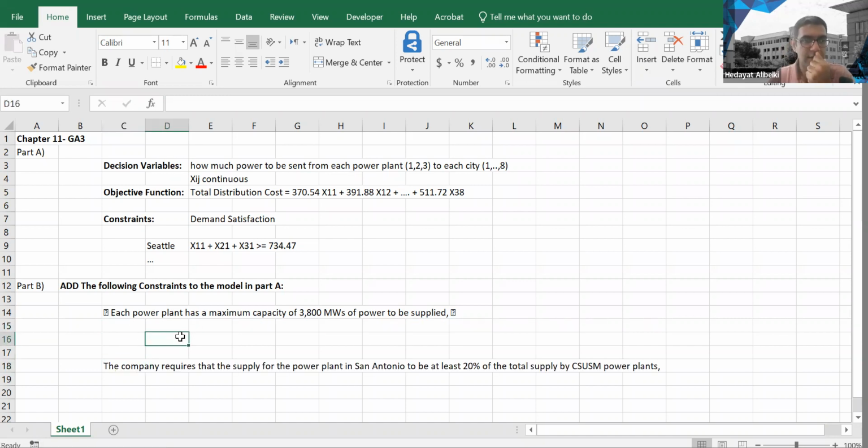Like Christian said, we need to put a constraint on the total supply by each supply center.